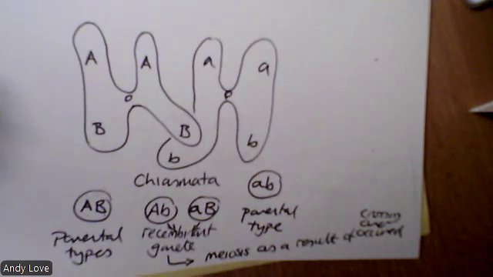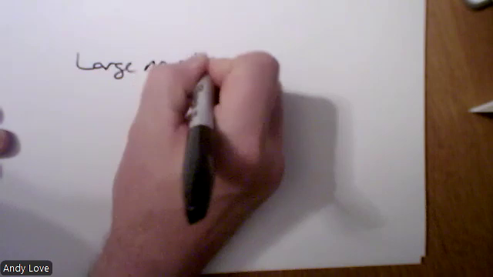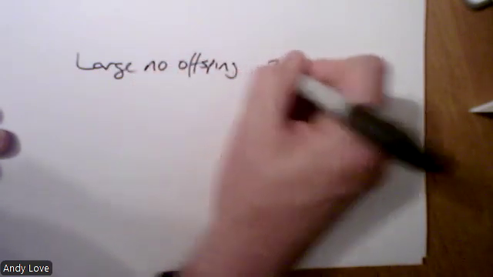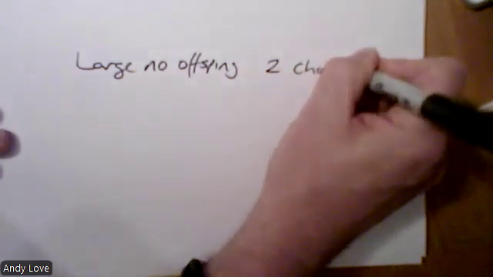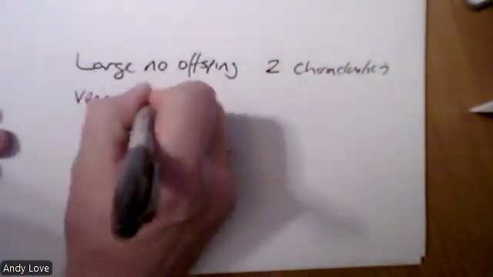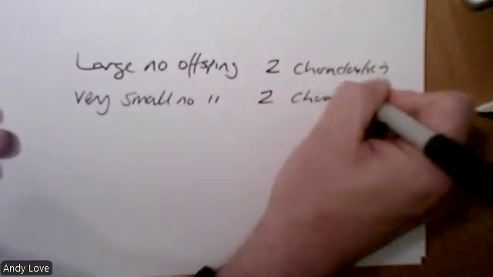I hope this has been useful, and I would watch the video again a few times until you get it, but always look out for a large number of offspring in two of the characteristics of the offspring, and then a very small number of offspring in two of the characteristics.